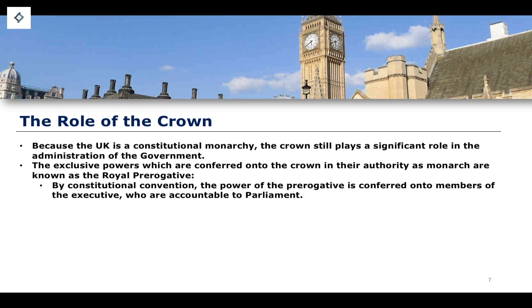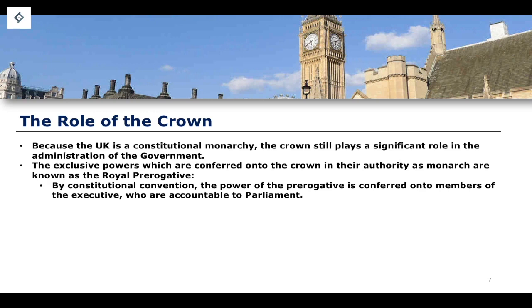But by constitutional convention, what we see here is that the powers of the prerogative are actually conferred not onto the monarch per se, but to members of the executive, who are then accountable to Parliament. So we see how, on paper and in theory, the monarch is still severely powerful in terms of their ability to do things, in terms of their authority within the constitutional framework.